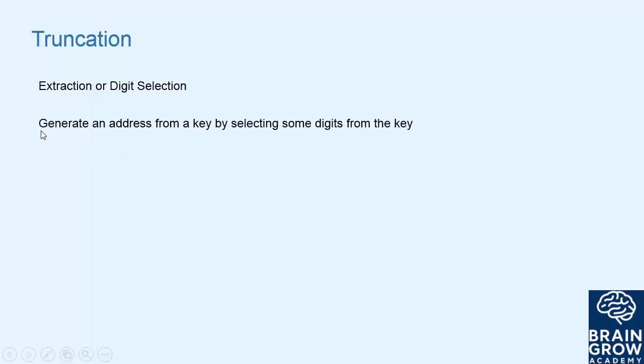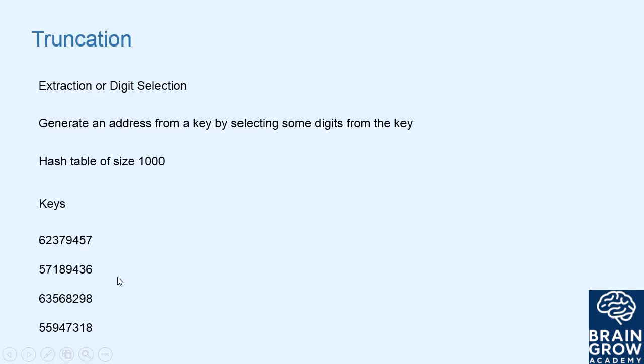In this method, we generate an address from the key by selecting some digits from the key. For example, we can take some rightmost digits or some leftmost digits from the key as the address. Now suppose we have a hash table of size 1000 and we have to store some 8-digit keys. Now table size is 1000, so we need addresses in the range 0 to 999.